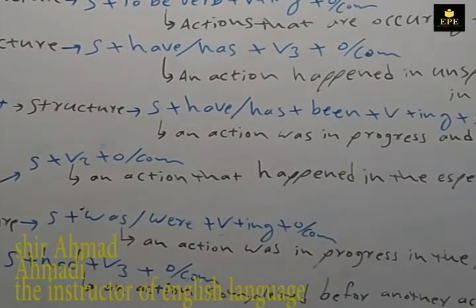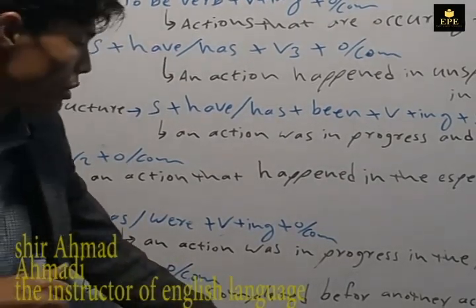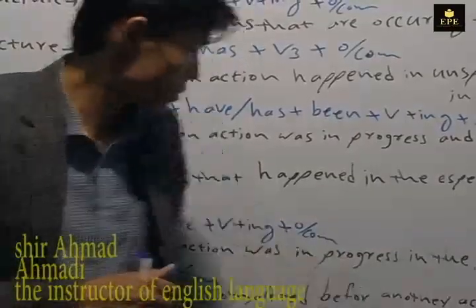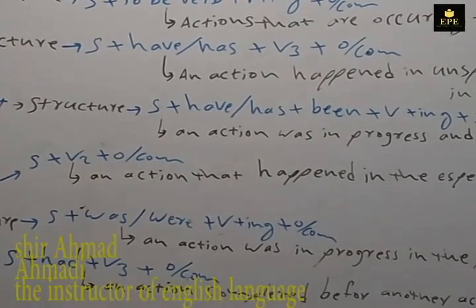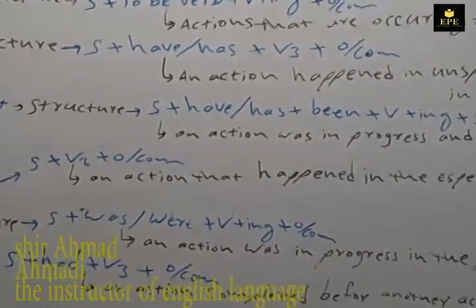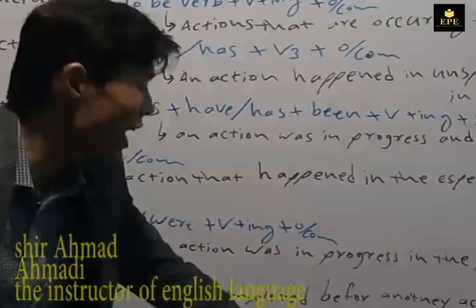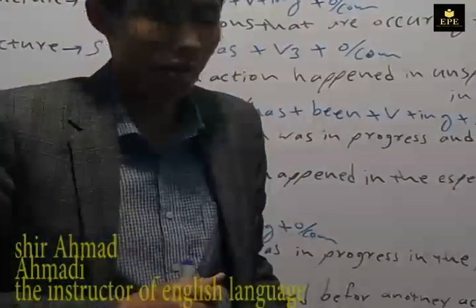Past perfect continuous tense. Its structure is subject plus had plus been plus verb with ing plus since or for. If I mention a short definition for this, an action was in progress which started and finished in the past, like that.